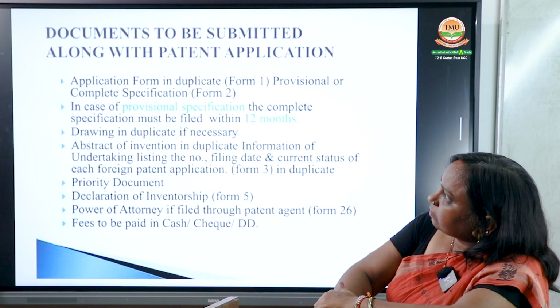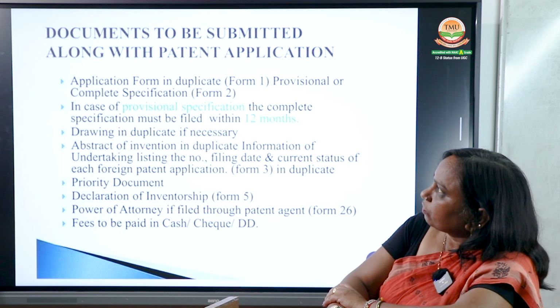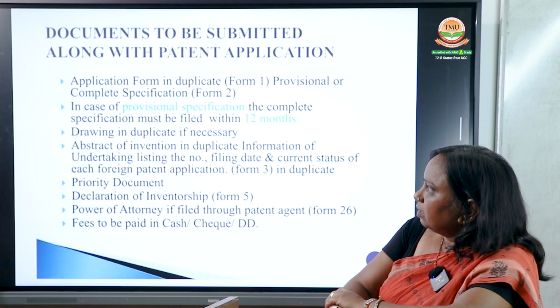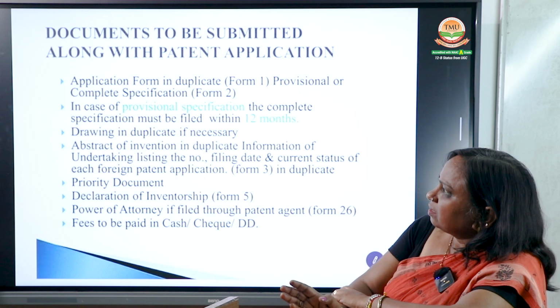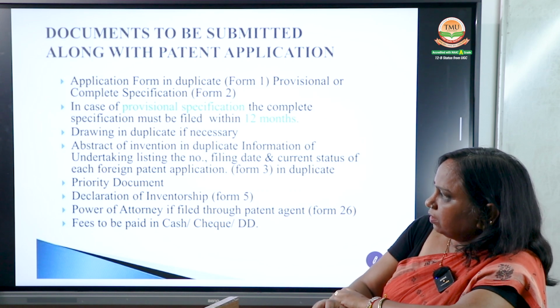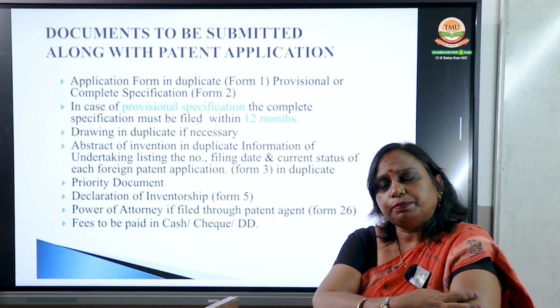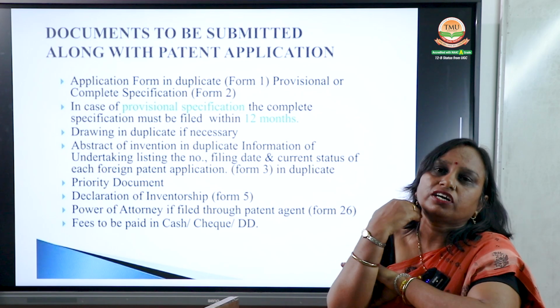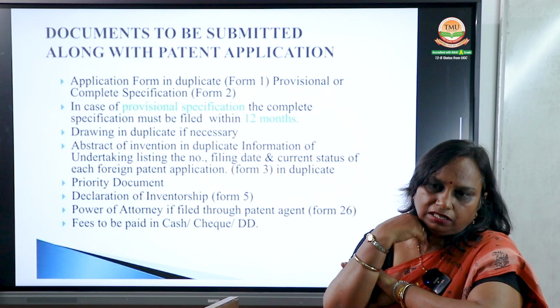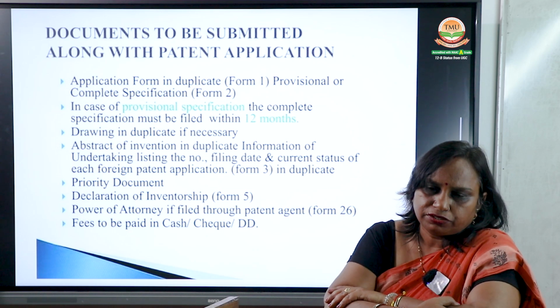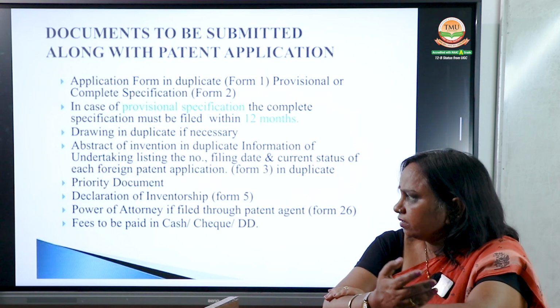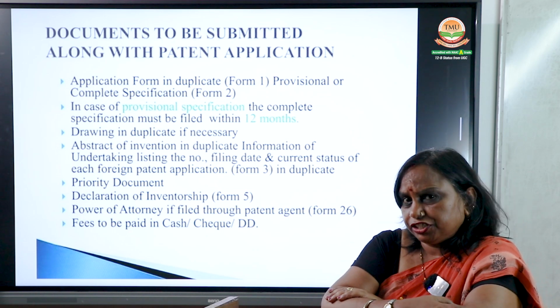So friends, here are the documents to be submitted along with the patent application. These are the documents we have already discussed. Now, if the inventor is not a professional and is not able to apply, then they can take the help of an agent.